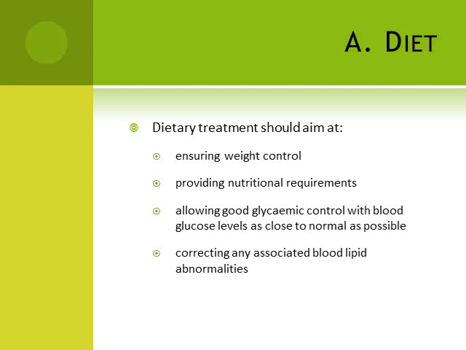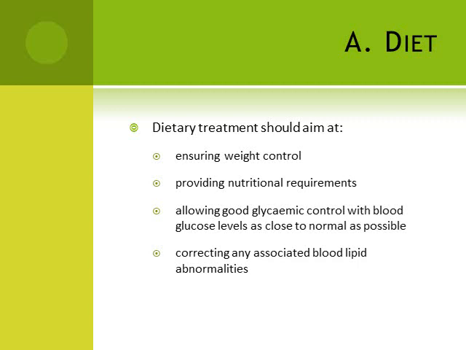Another important thing is that we should not forget the nutritional requirements of patients. The diet should also allow good glycemic control with blood glucose levels as close to normal as possible, and it should aim at correcting any associated blood lipid abnormalities.